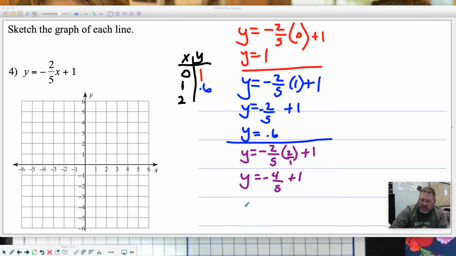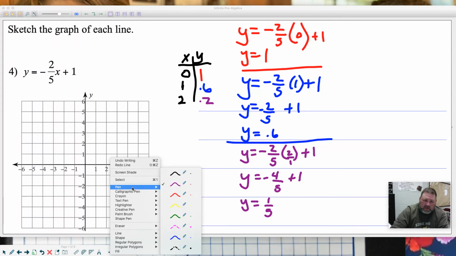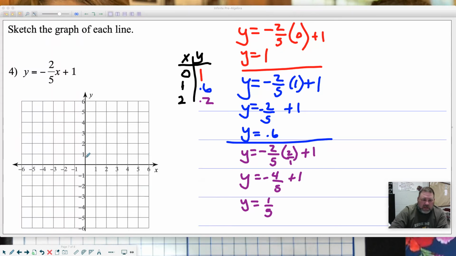And so if this is 5 fifths, that means Y is going to be 1 fifth, or 0.2. Okay? So when I go to graph this, 0, 1, it's right there. 0.6, well, 0.5 is half, so it's just going to be a little over half. And then 0.2 is just barely over 0.